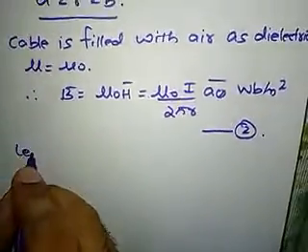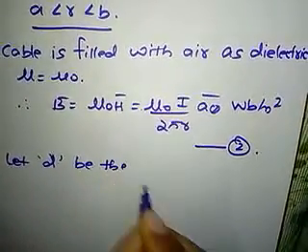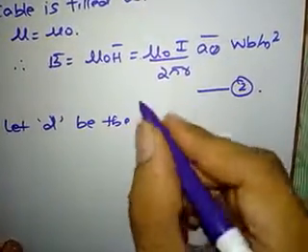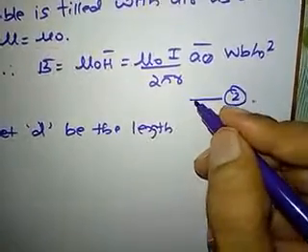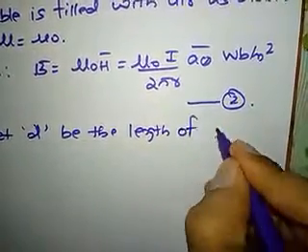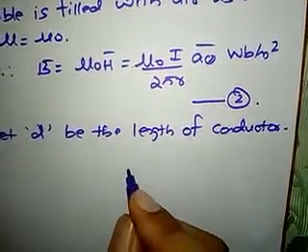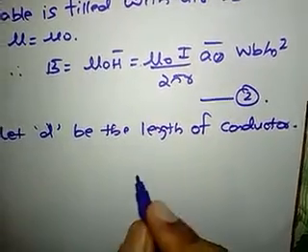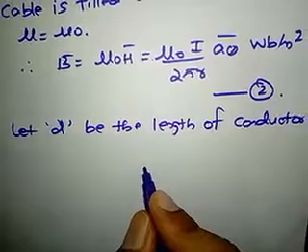Let d be the length of the conductor. Magnetic flux is contained between the conductors in a length d, and in between r equal to a to r equal to b.